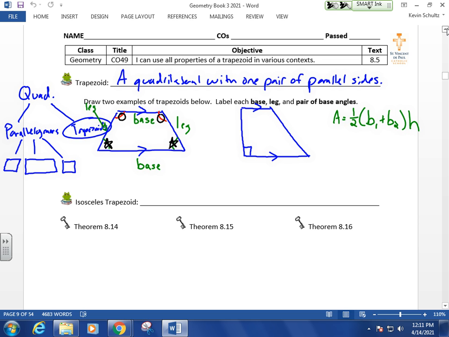Okay, same thing over here. Base angles, one pair there. Base angles, one pair there. Then we have our leg here, base, and base up top. Okay.